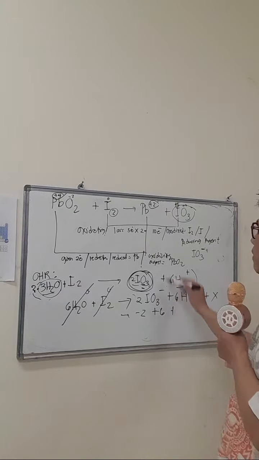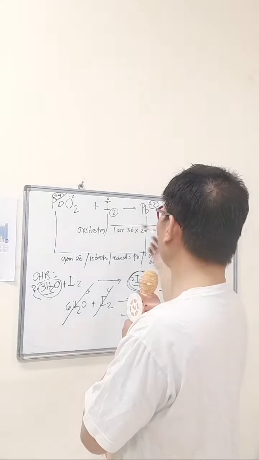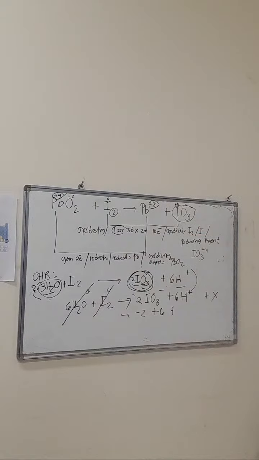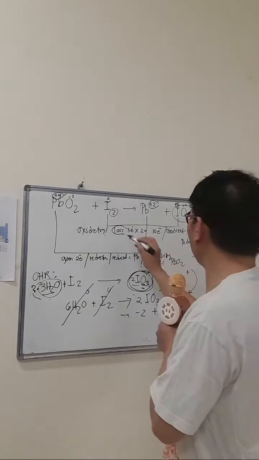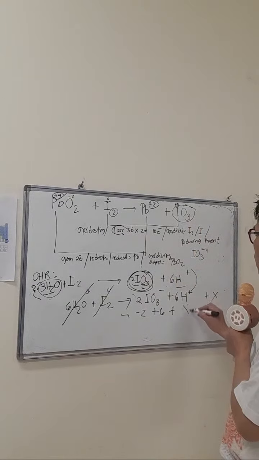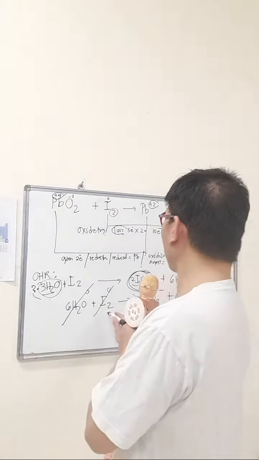Since this is loss of electrons, the oxidation number of iodine increases, and the increase in oxidation number is loss of electrons. Then on the right, plus x, and this is 0.